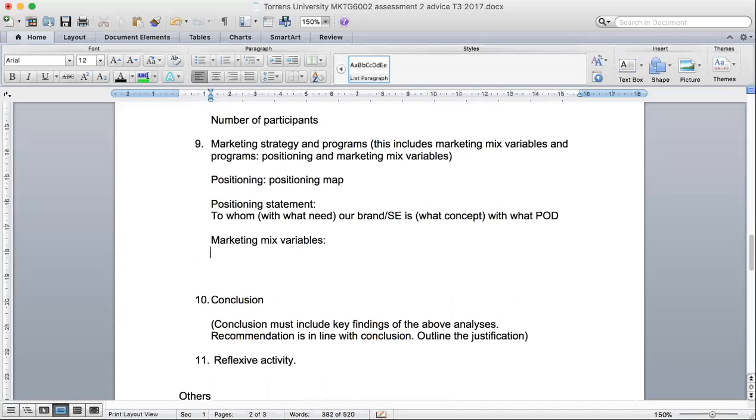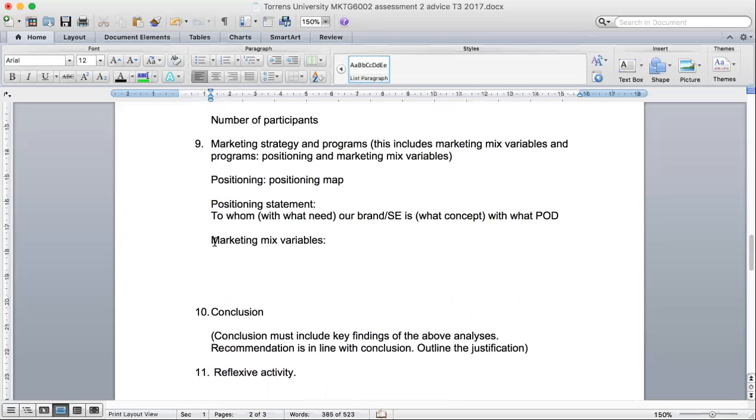Now, I do not recommend you to just apply marketing mix variables. The reason is that without positioning, your marketing mix variables are without navigation. This positioning guides us in formulating the marketing mix variables.